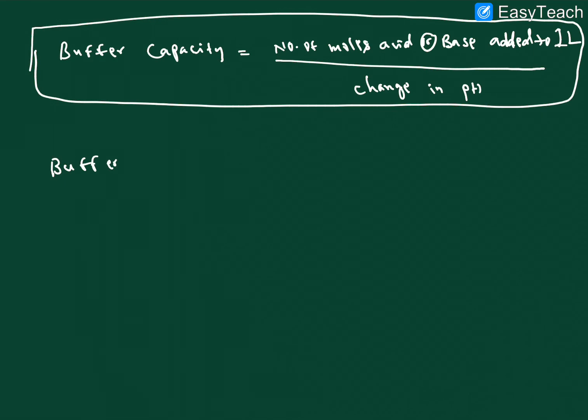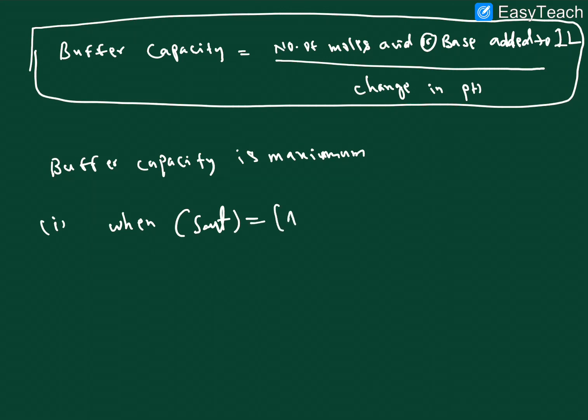Buffer capacity is maximum under two conditions, let me explain. First, when salt concentration is equal to acid concentration, that is when pH equals pKa, for the acidic buffer.